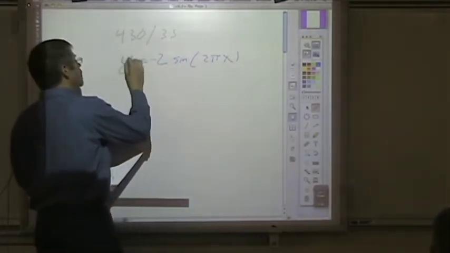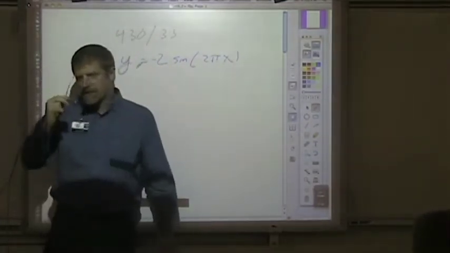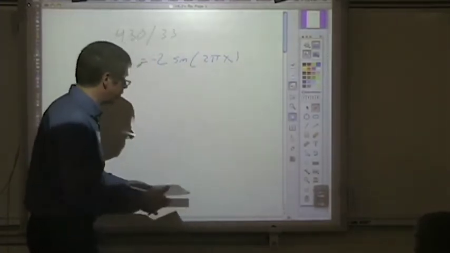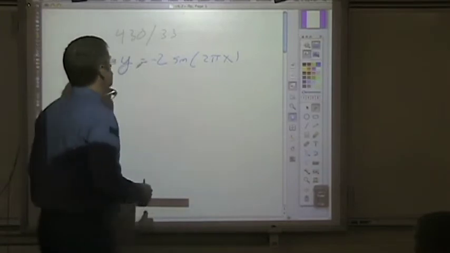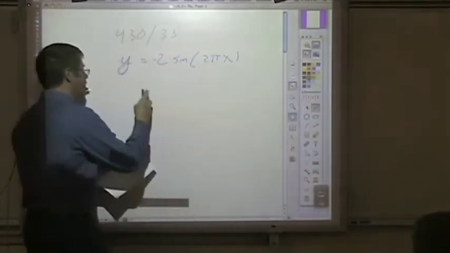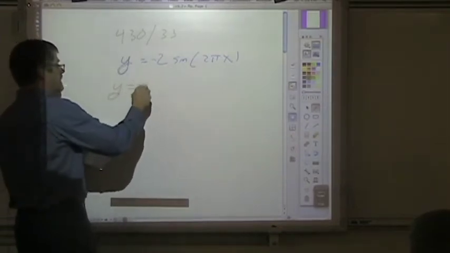As you were doing that on the homework, it's best to think of that as a child of a particular parent. So, video student, go ahead and jot down the green parent function y equals sine x.